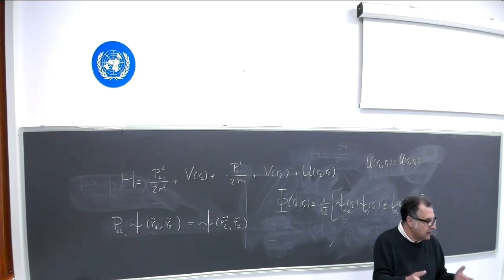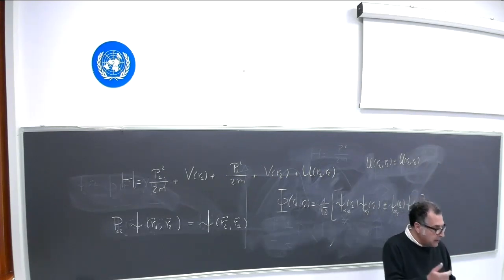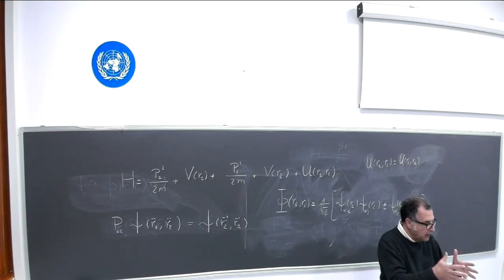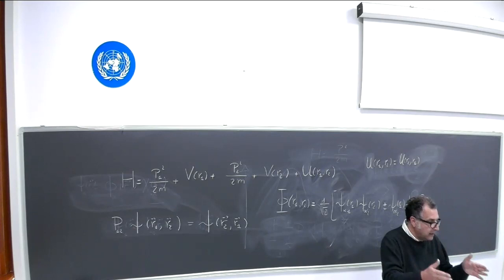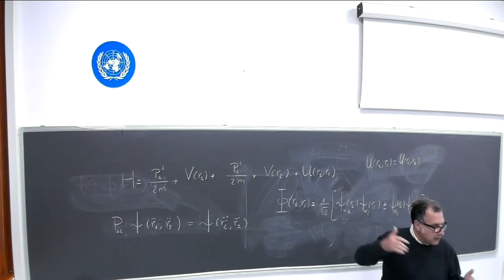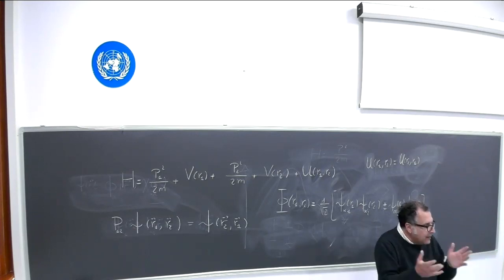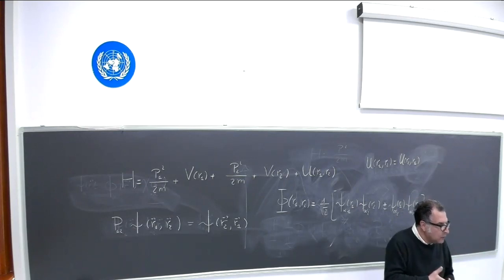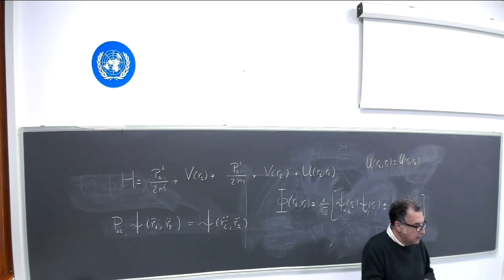When you go up in temperature, this de Broglie wavelength becomes smaller and smaller. When it becomes much smaller than the interparticle distance, as in the example of wave packets, indistinguishability loses its role, and you have classical behavior.